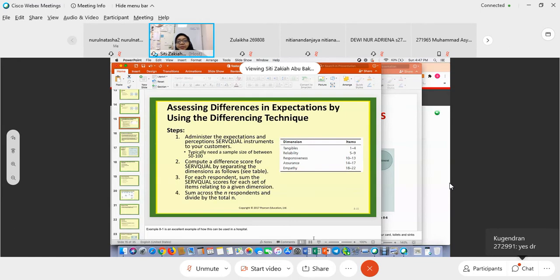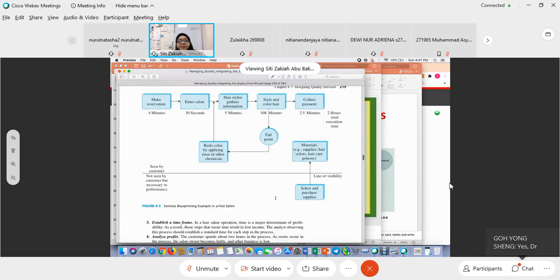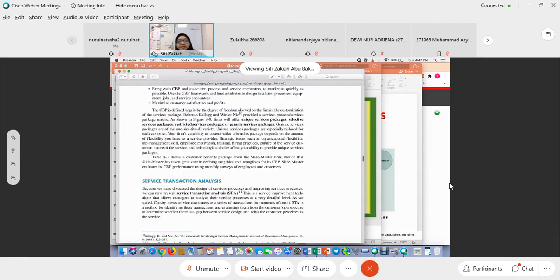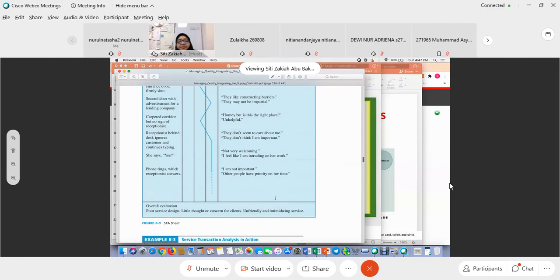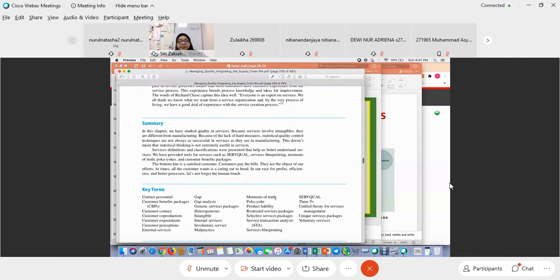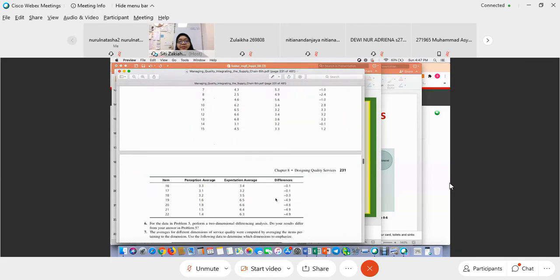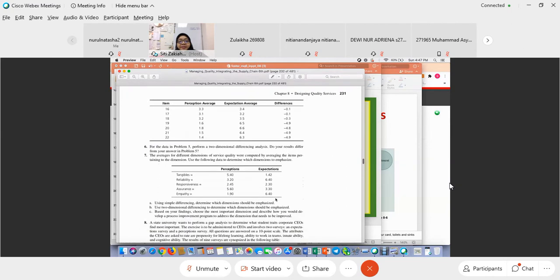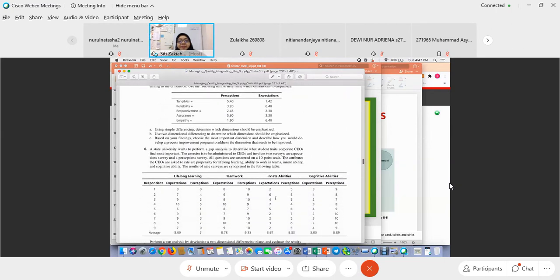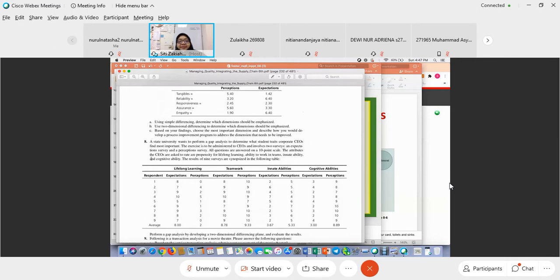Okay, for exercise, can you please do question number 8? A state university wants to perform a gap analysis to determine what student traits corporate CEOs find most important.